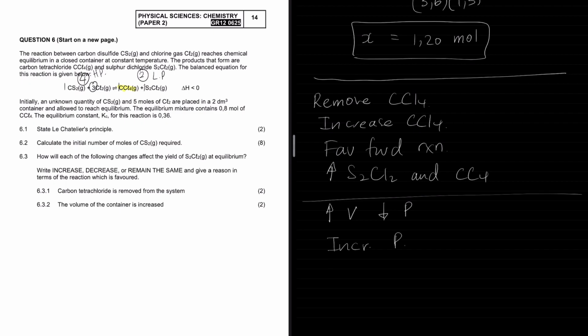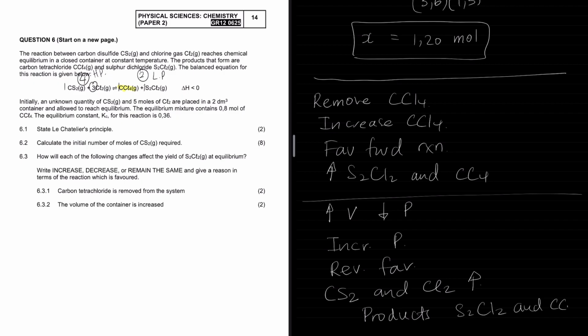So we can say that the reverse reaction is favored. If the reverse reaction is favored, it means that CS2 and Cl2 will increase. And it means that the products, which are the S2Cl2 and CCl4, will decrease.